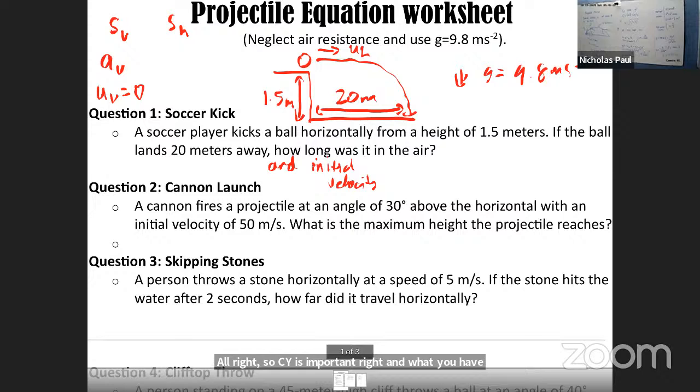So how are you getting time? What equation are you gonna use, Luke? Which one, 1, 2, or 3? If you use the horizontal, we don't know the horizontal velocity. You're gonna use S is equal to. Yes, that sounds good. You're gonna find t first and then find velocity.